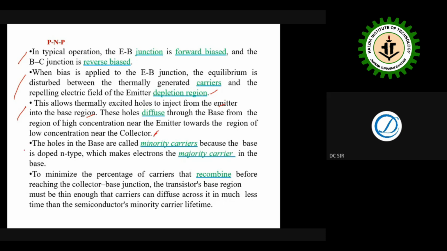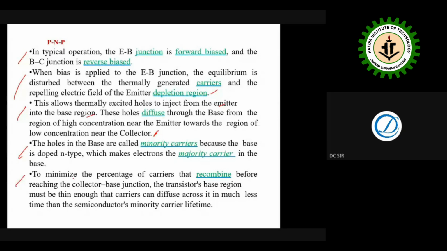Next point, the holes in the base are called minority carriers, because the base is doped n type, which makes electrons the majority carriers in the base.